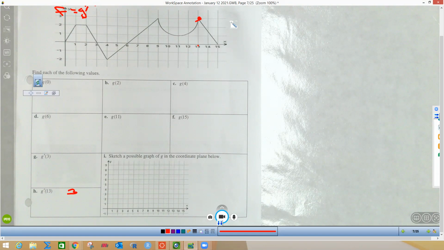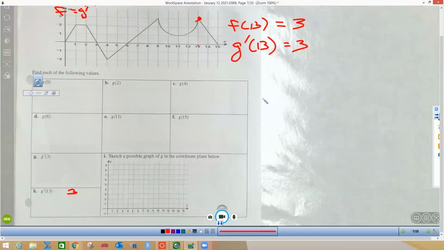So if I said what's f of 13, that's the y value right there. That's 3. Well, f of 13 is the same as G prime of 13 because of what that thing says up there. So they're both 3. It's the same value. Does that help?